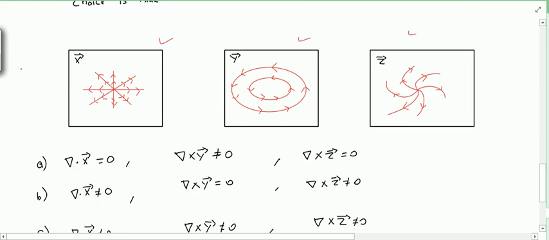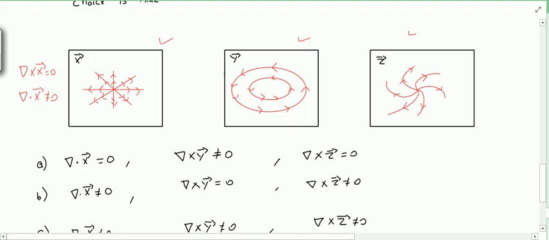For this field, del cross x is 0, but the divergence of this field is non-zero because it is diverging from this point. Now here, the field is not diverging, it is basically just curling, right?